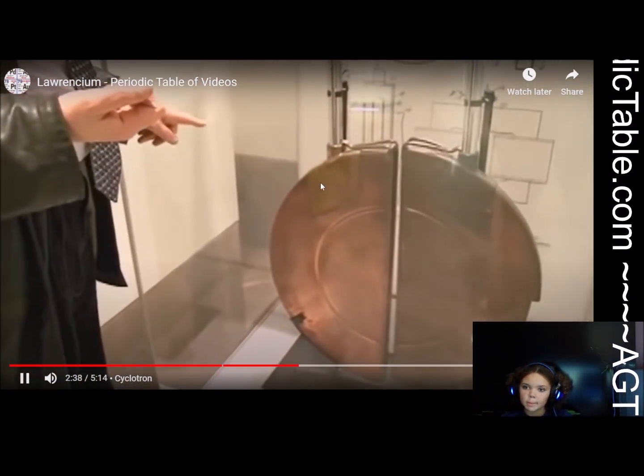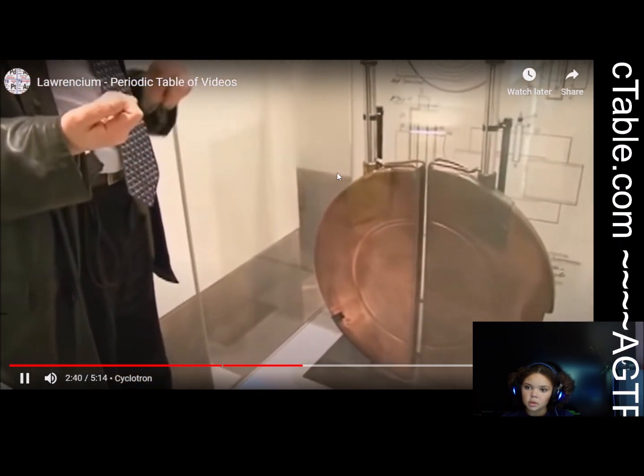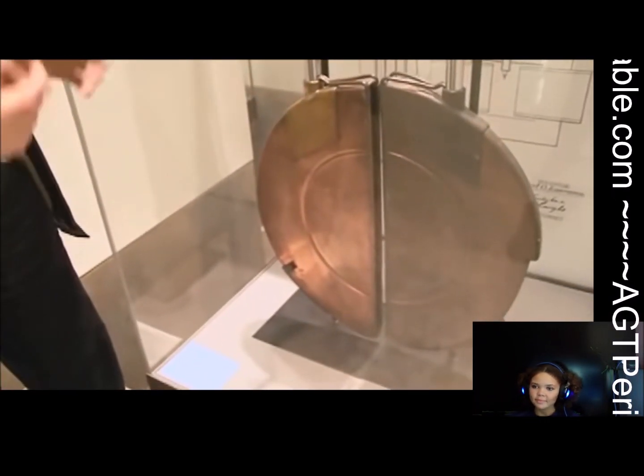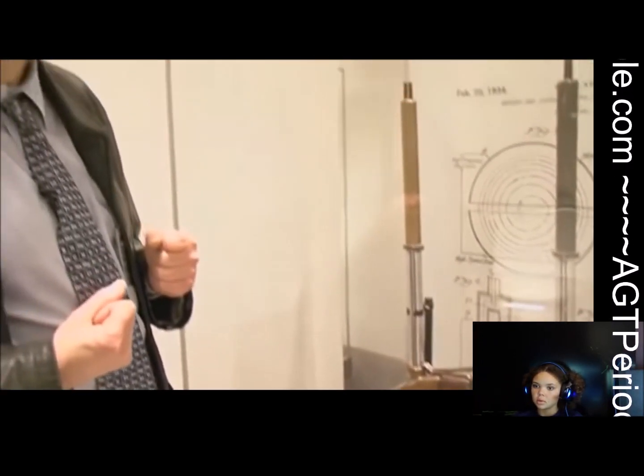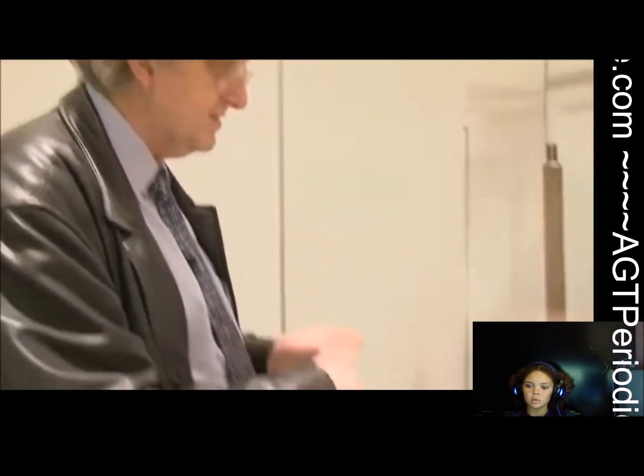This is a cyclotron that was built in Cambridge. The first thing that strikes you is that it doesn't look very exciting. It's two copper discs which are not actually connected together, and the voltage is switched between one disk and the other.